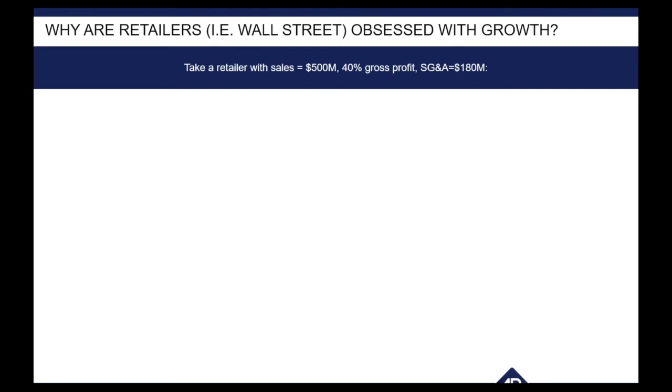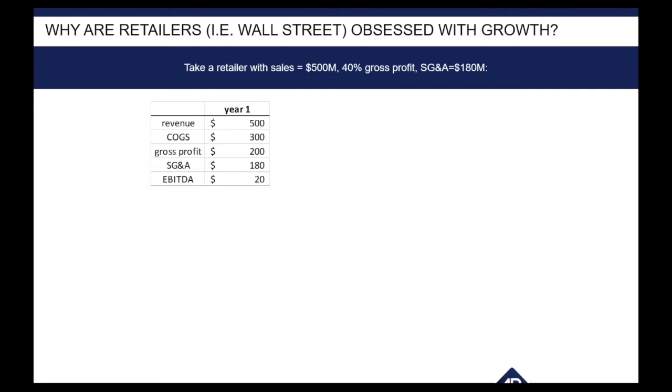One more theme to touch on is the near obsession that retailers have with growth, and even more so retailers that are publicly traded companies. So the obsession really is coming from Wall Street. And the best way to show this is with an example.